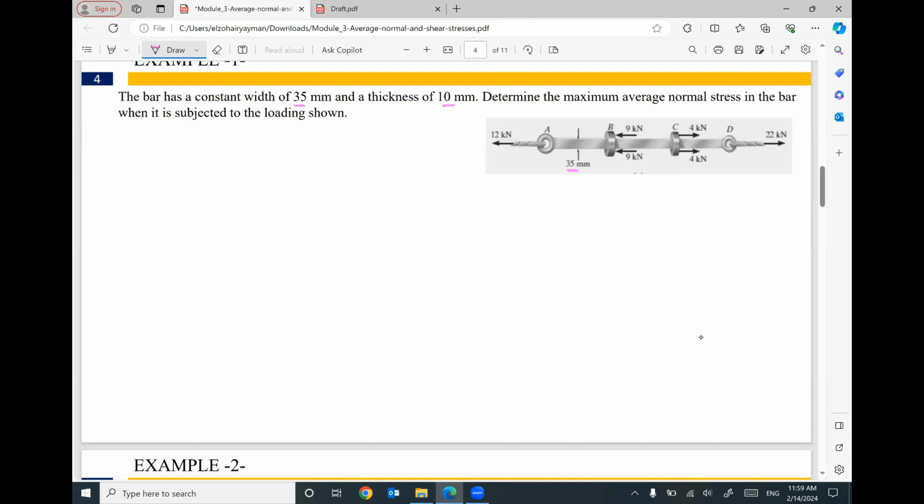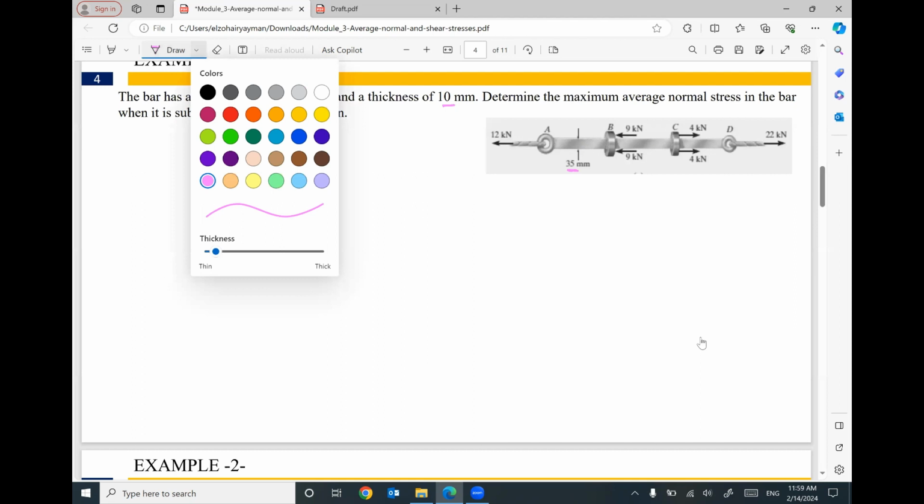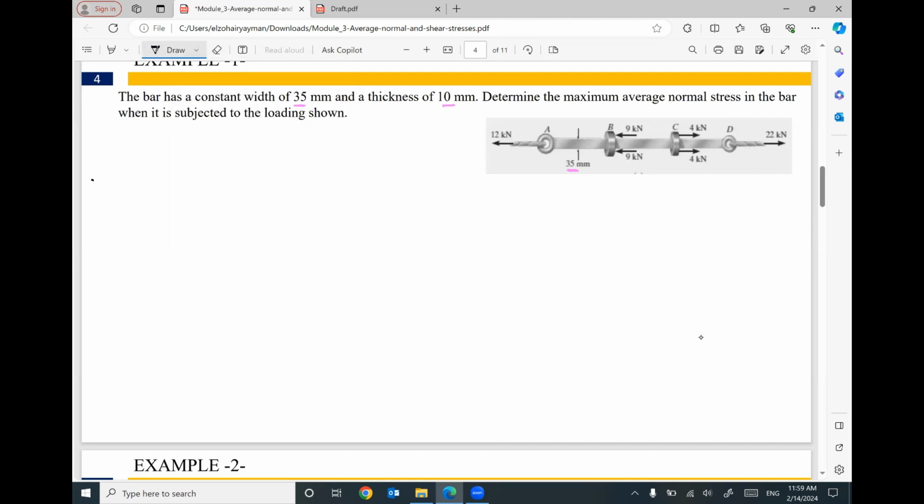Does that make sense? It looks like this bar consists of three parts: part AB, part BC, and part CD. So I have to consider each part to figure out the average axial stress in each, and then I can tell you which part will have the maximum normal stress.